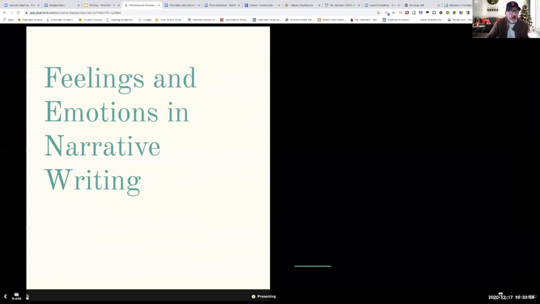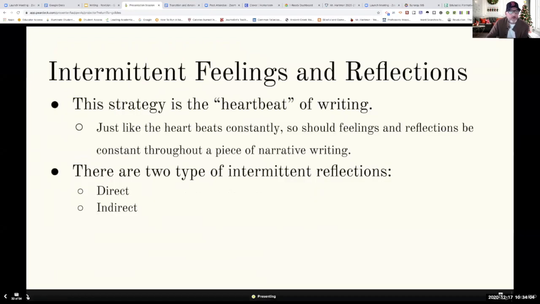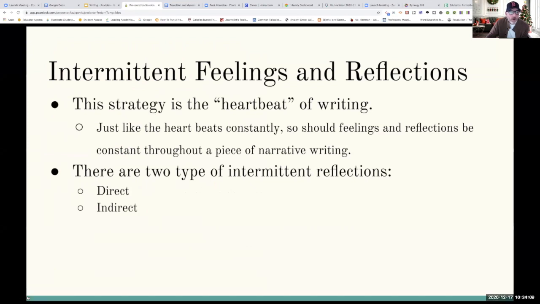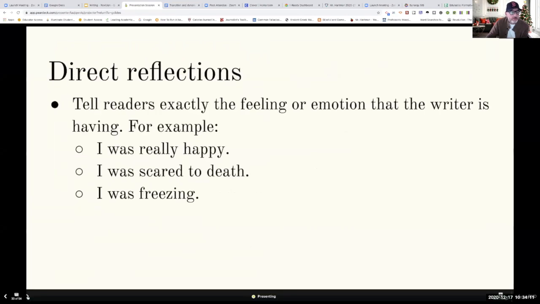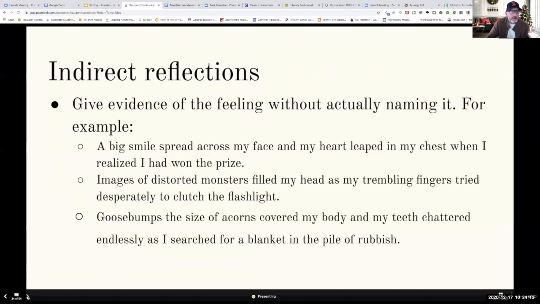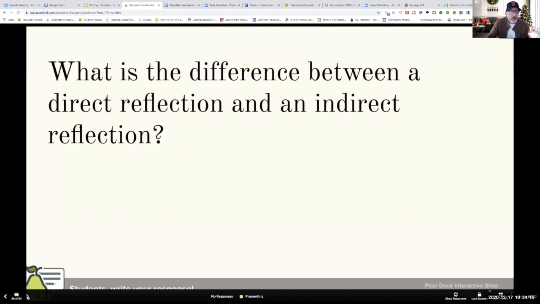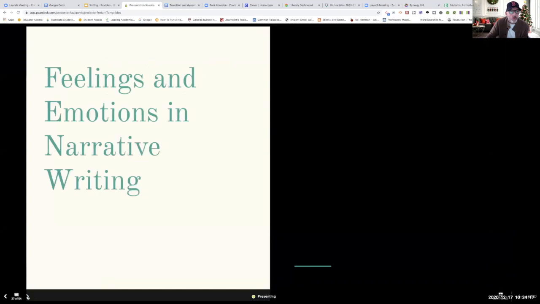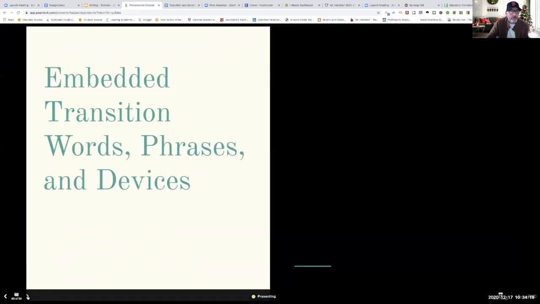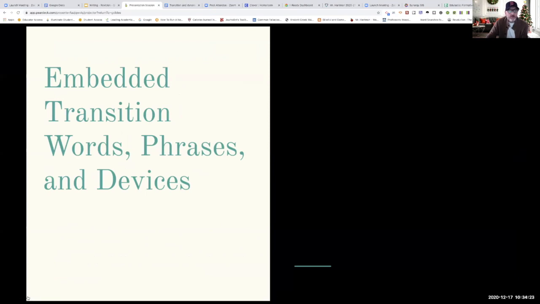Okay, so we've been talking about feelings and emotions in narrative writing and sort of how there are direct and indirect reflections and showing and not telling. And then today, we're going to talk about transition words, phrases, and devices.